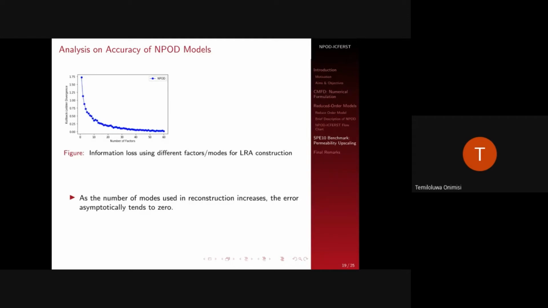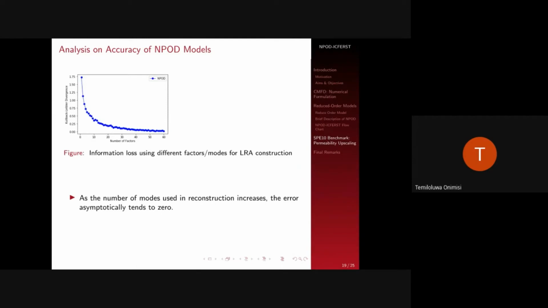Now, as the number of modes increases, we can see that the information loss reduces. This graph is showing the information loss as the number of modes increases. It's based on the Kullback-Leibler divergence statistics. And we can see clearly that the information loss decreases and asymptotically tends to 0.